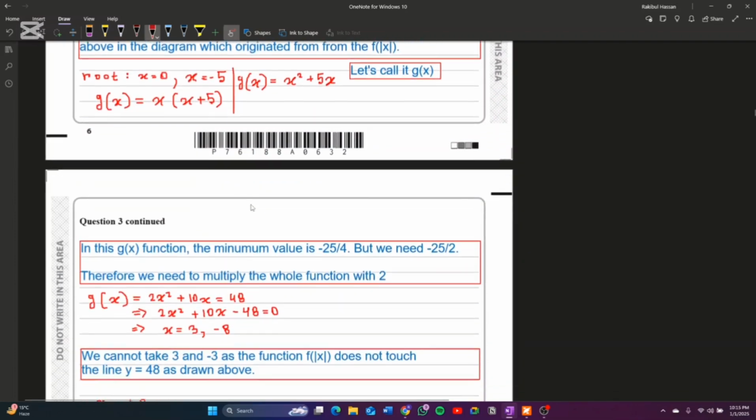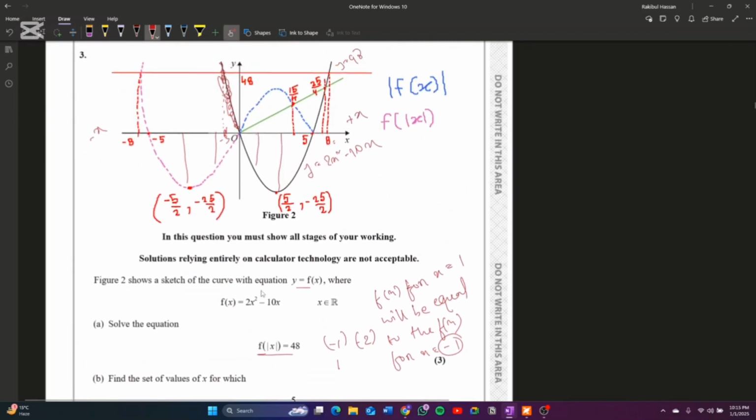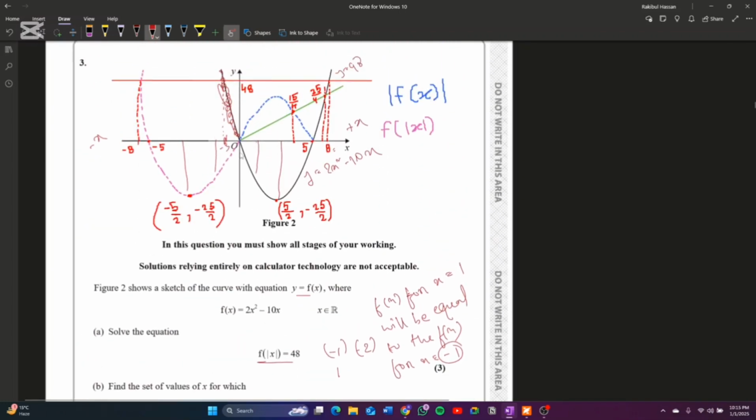Therefore, we can say that our x value will be equal to plus minus 8, right? It is easier to solve the question if we just draw the graph and intuitively figure out that the curve will cut y equal to 48 at these 2 points.